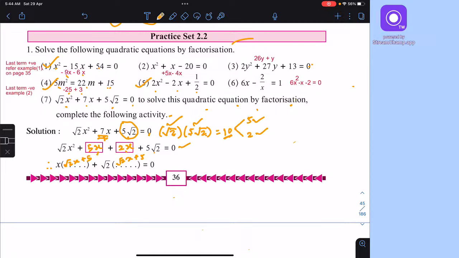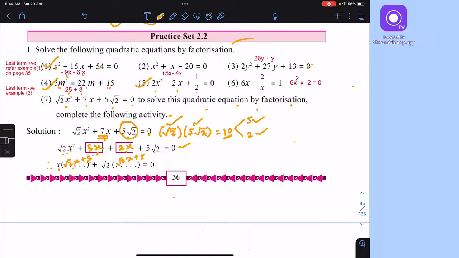Now here you will find that like before, you are having root 2x square and 5x. So x is common. X multiplied by root 2x gives you root 2x square and x multiplied by 5 gives you 5x. So x into bracket root 2x plus 5.